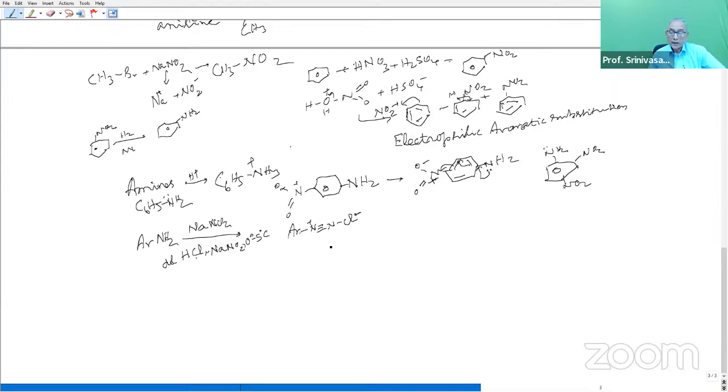This is a very important reaction in organic chemistry because the diazonium chloride can be reacted with a variety of reagents to make substituted aromatic compounds. For example, if you just heat it with water, you get phenol.